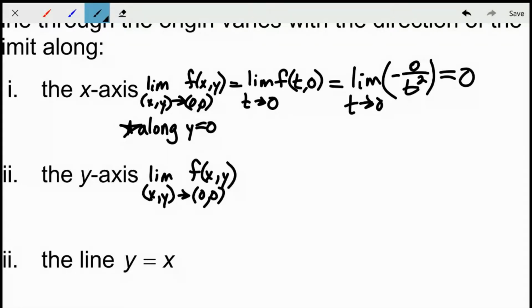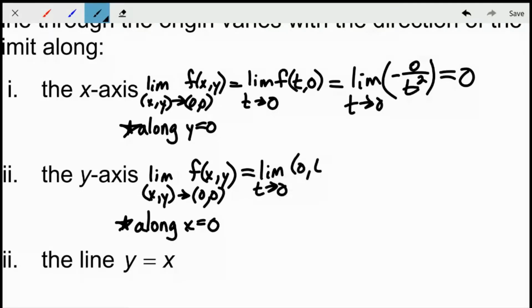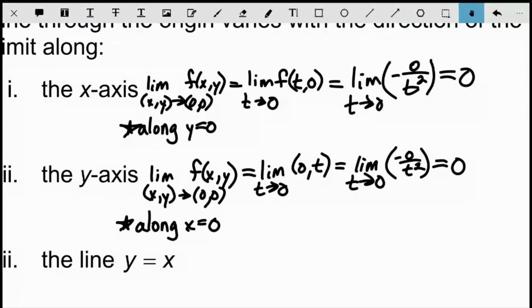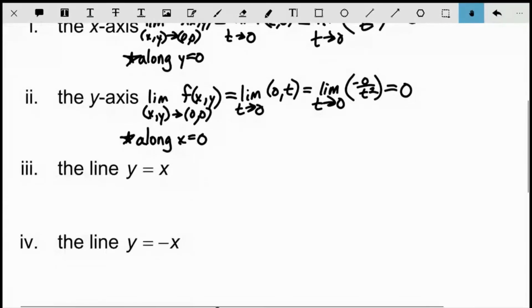This time, along the y-axis, I'm essentially going along x equals 0, and the reason I'm writing that is because this is going to be the limit as t approaches 0 of f of (0, t). That gives me the limit as t approaches 0 of the same thing, negative 0 over t squared, which again is just 0. So far, it looks like this limit could possibly exist because along 2 different paths I'm getting the same value. But let's do this another way.